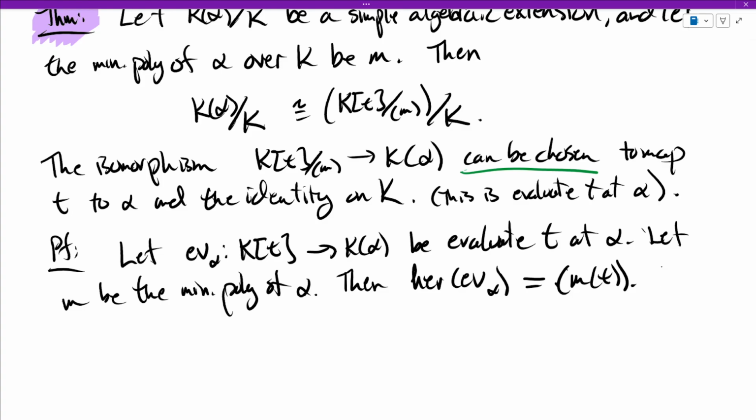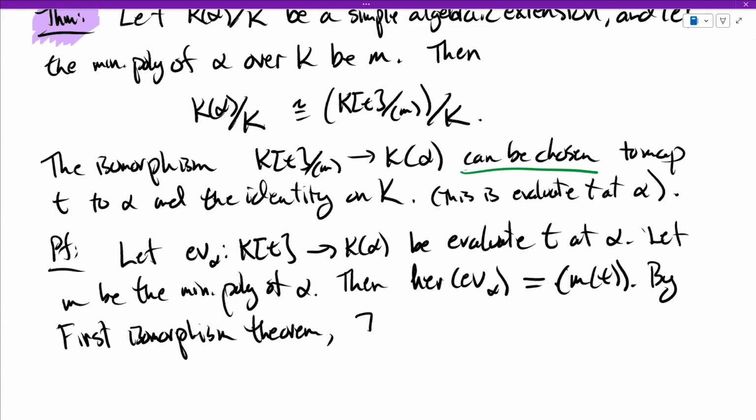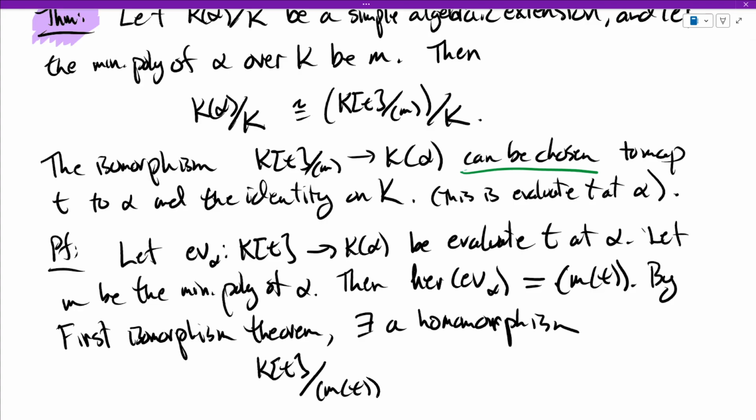And let's recall a fact. By the first isomorphism theorem for rings, which you learned in 4600, there exists a homomorphism from the domain ring mod the kernel to k adjoin alpha.